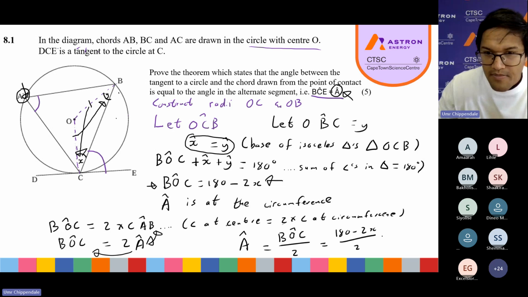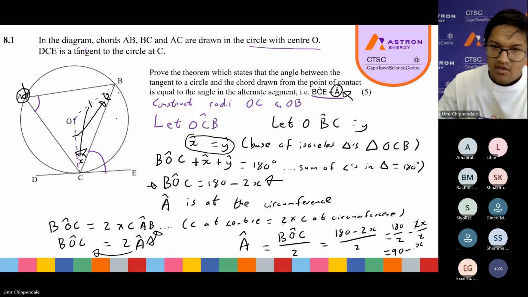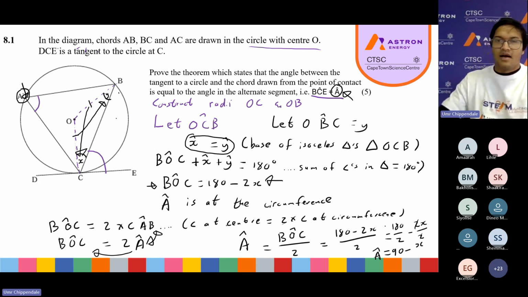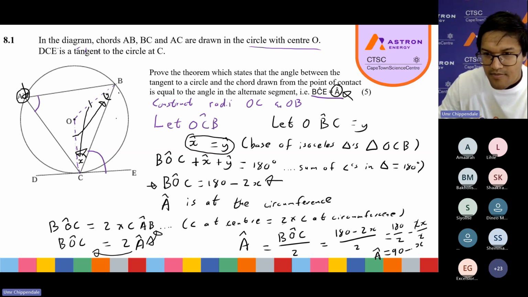Oh, we can split it up. We can write it like this also, 180 divided by 2 minus 2x divided by 2. That means the exact same. So that is going to be 90 minus, this 2 cancels with this 2, x. So there we can say that our angle A is equal to 90 minus x.